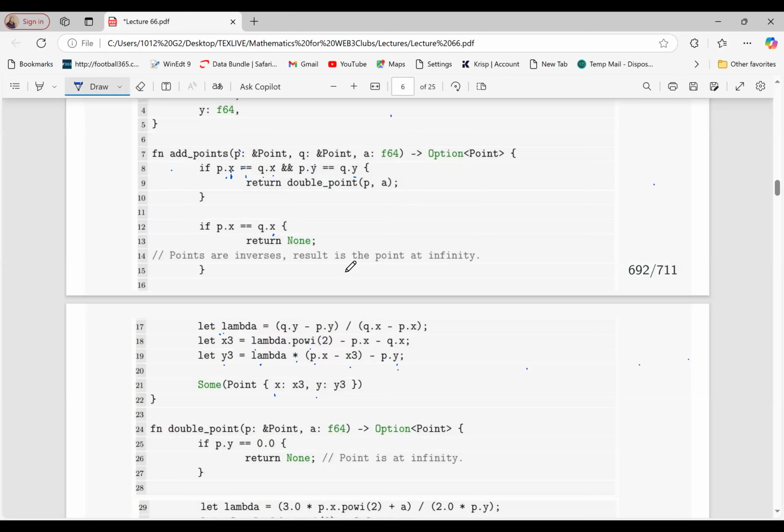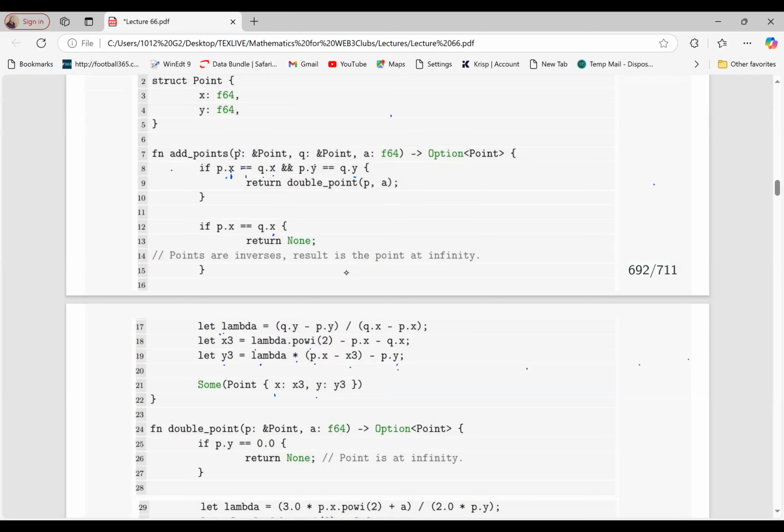So that is what we are saying here. Now, if you discover that the x value is the same, then it means that those points are on the same vertical line. Therefore, they'll be inverse of each other, and the result will be infinite, or none.